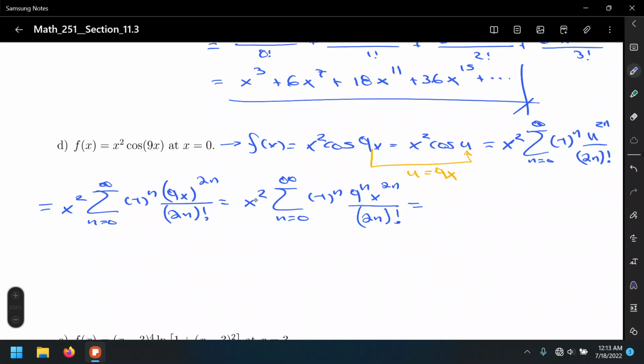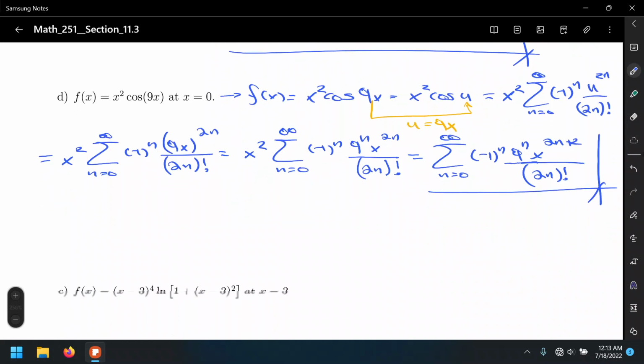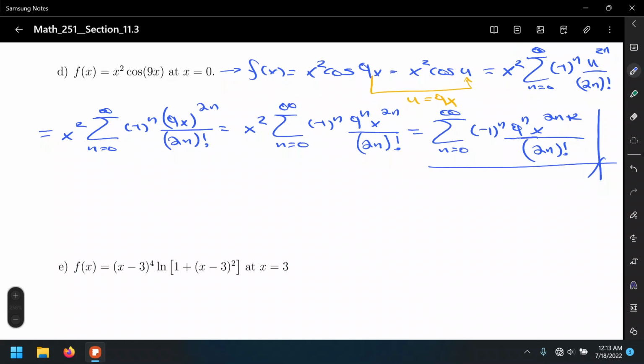Alright, so I'm going to introduce this x squared inside over here, n equals 0 to infinity, negative 1 to the n, 9 to the n, x to the 2n plus 2 over 2n factorial. Alright, so that's the power series for the function x squared times cosine 9x, which otherwise would have taken forever doing it a long way, right?